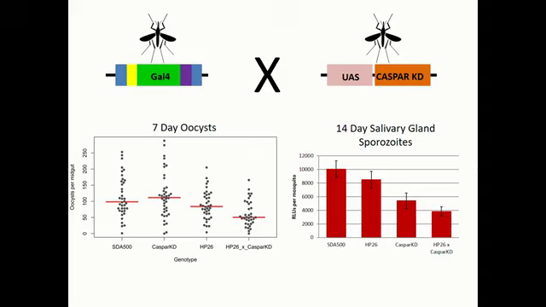So when we looked at the knockdown, what we actually saw was that there was a slight decrease in the number of oocysts present. So this, in a way, makes sense. If you knock down Caspar, you're ramping up the mosquito's immune system before it even sees a parasite. So if a parasite is then seen in the mosquito, then the immune system would have an advantage in responding against it, and therefore we see a total number of oocysts that are less.